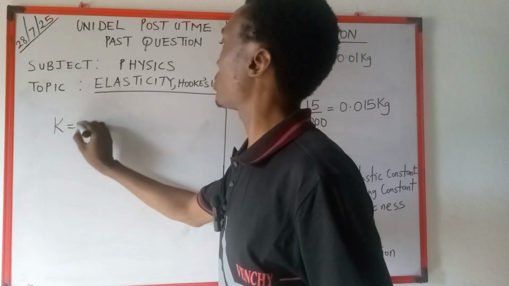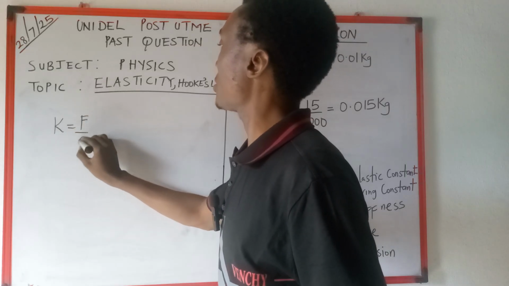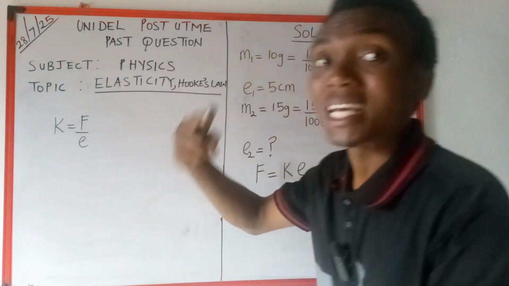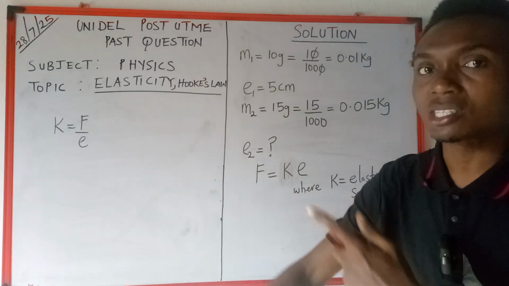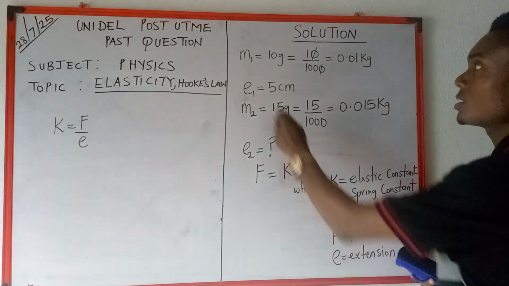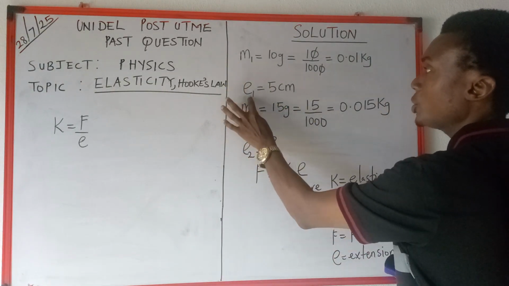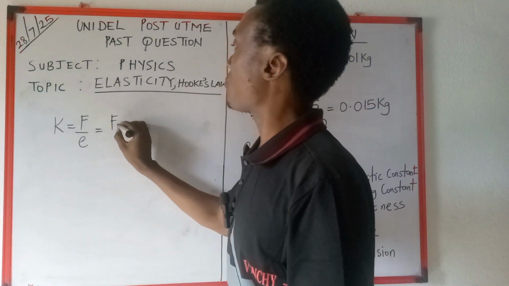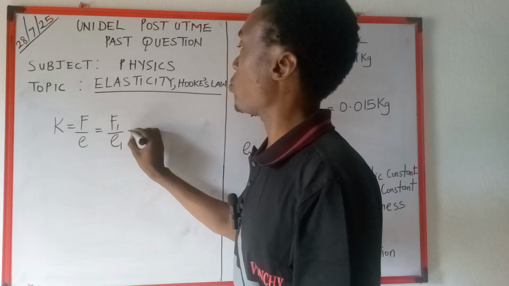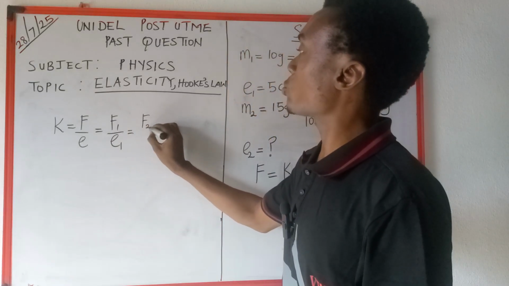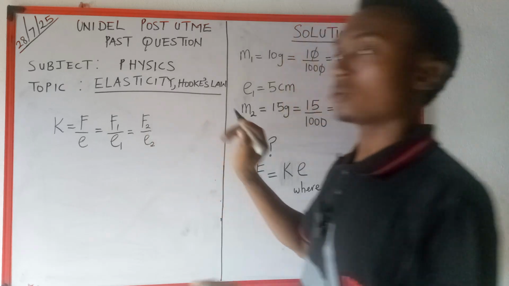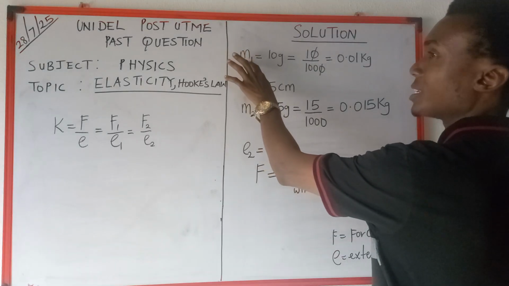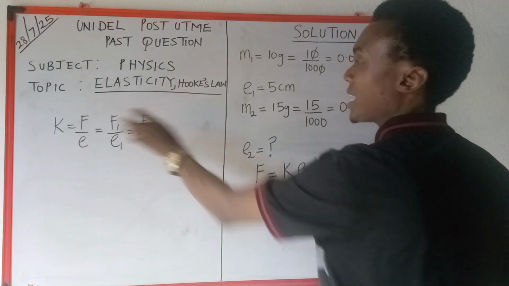So K is equal to F over E. Since K is a constant, there are bound to be changes as we go from M1 to M2 and E1 to E2. So I'm free to say F1 over E1 equals F2 over E2. Notice there's no force and no mass given here.